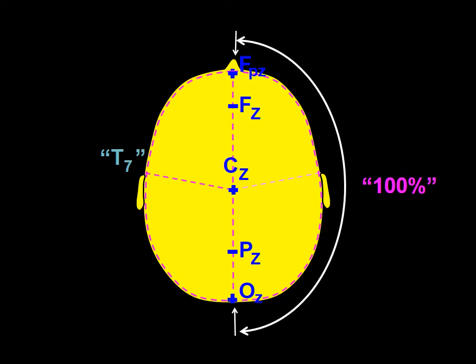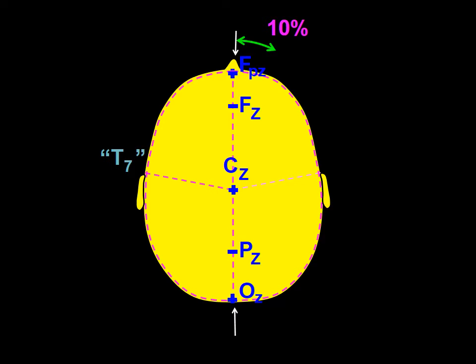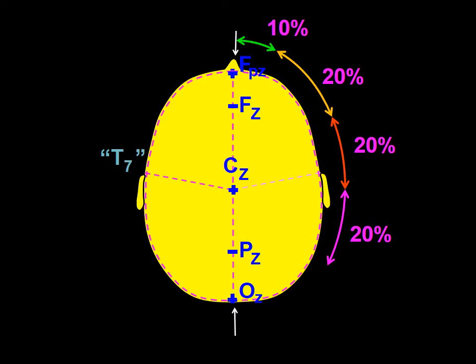Then we take the distance from FPC and OZ on one side and use this value as 100% for future calculations. Then we mark 10% of this distance going from FPZ to OC. Then we mark 20 more, then 20 more, then 20 more, and again 20 more, and we are left with 10%.